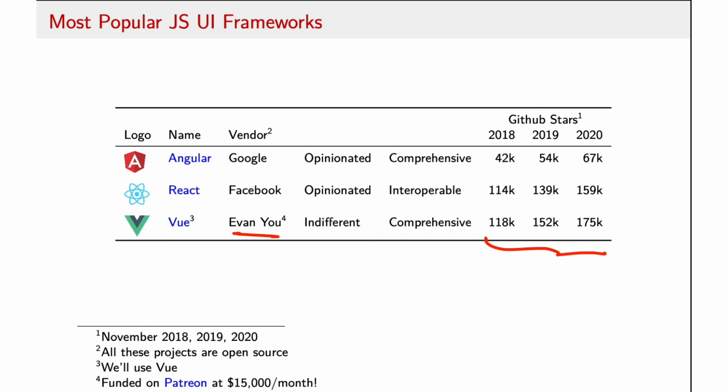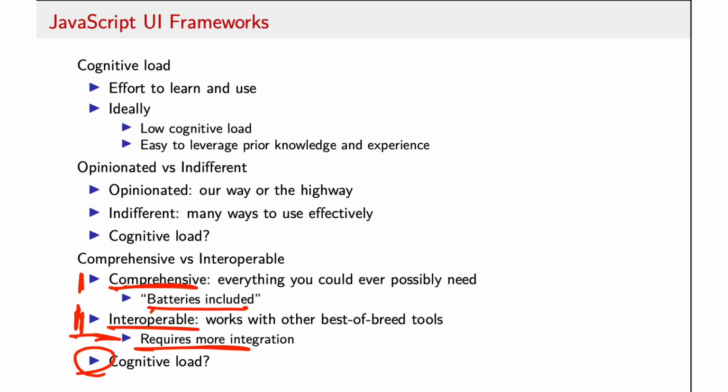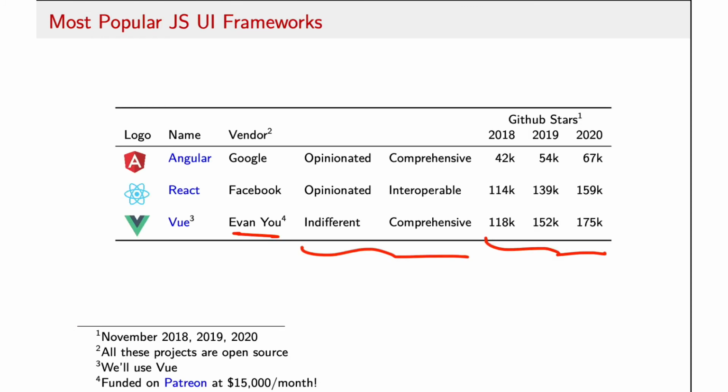That said, these are all very, very capable frameworks. I've actually written non-trivial applications in all three. And my take on these different alternatives is kind of summed up here along those two axes that we were talking about over here. So I would judge Angular to be opinionated.